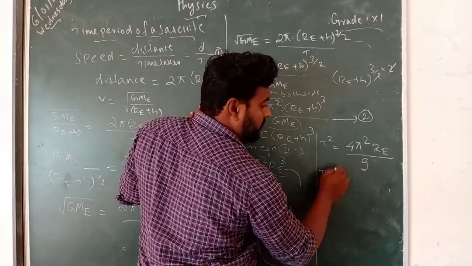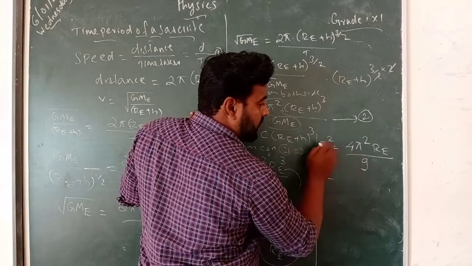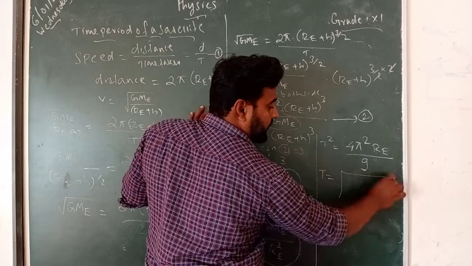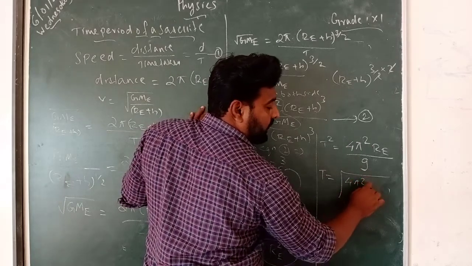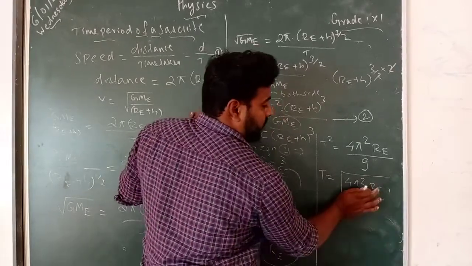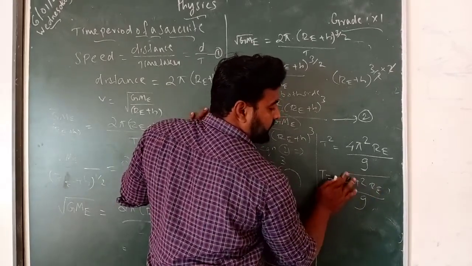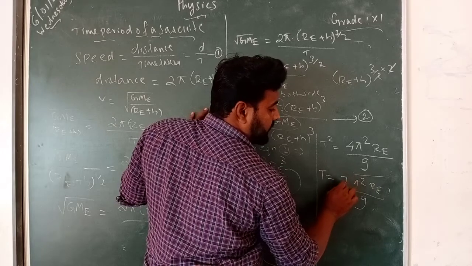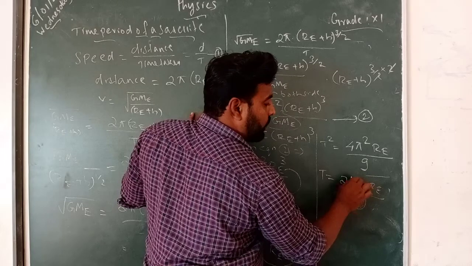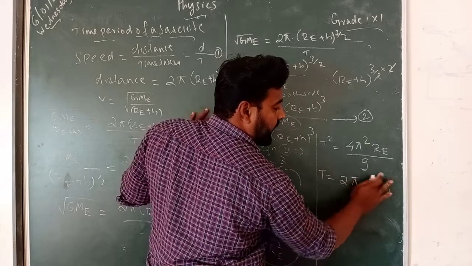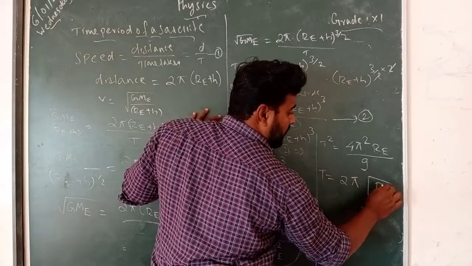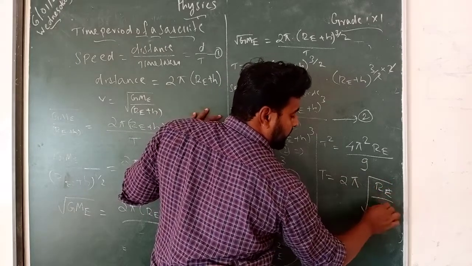So T is equal to, when you are taking the square root, 4 pi square R_E by g. The square root of 4 is 2. The square root of pi square is pi. So the remaining you can write down: square root of R_E by g.